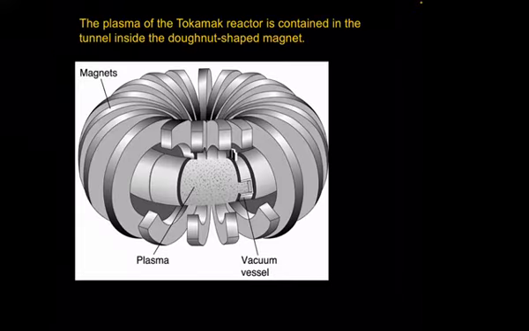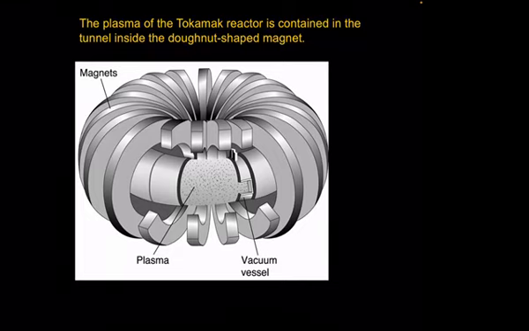This is just a picture of the tokamak reactor. The plasma of the tokamak reactor is contained in the tunnel inside the donut-shaped magnet, so they use magnetic materials. There are not a lot of plasmas, remember: stars, fluorescent light bulbs. We used to make plasma TVs, but those have gone by the wayside.